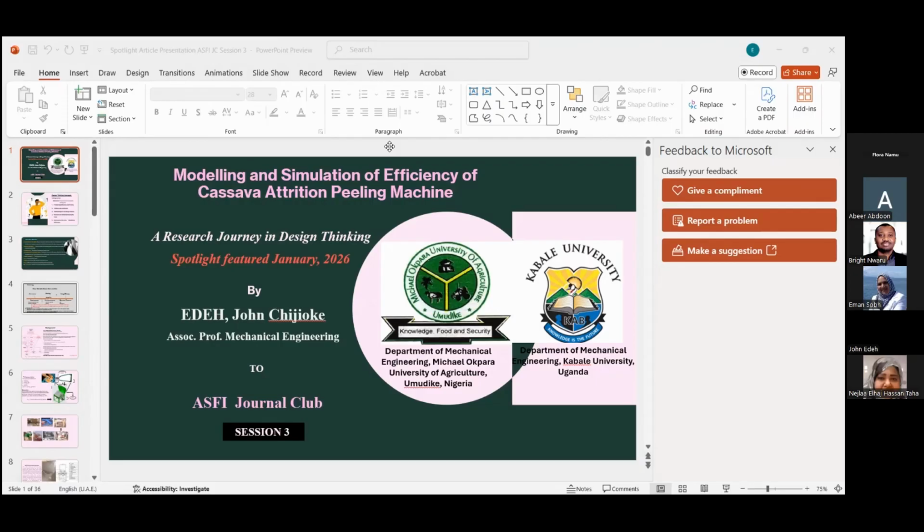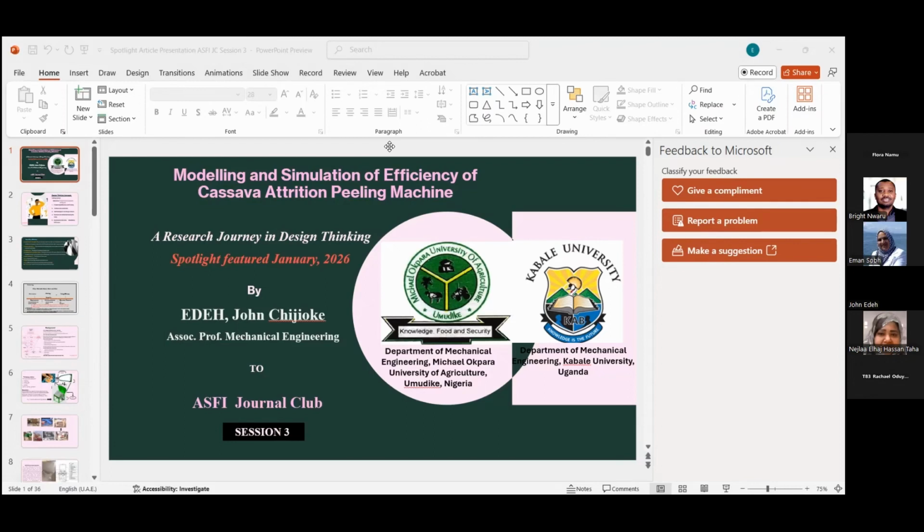So this particular model we are projecting is such that if a crop shares similar characteristics, or something close to what we have, and is to be peeled by the same principle, which is the attrition principle we have emphasized, then this model can be adapted to it.